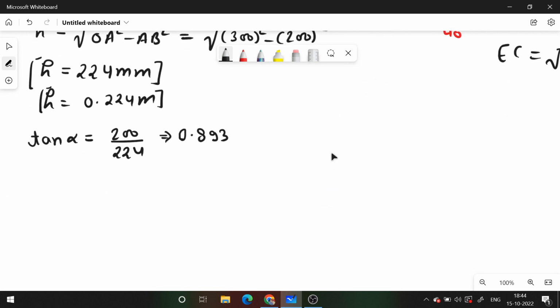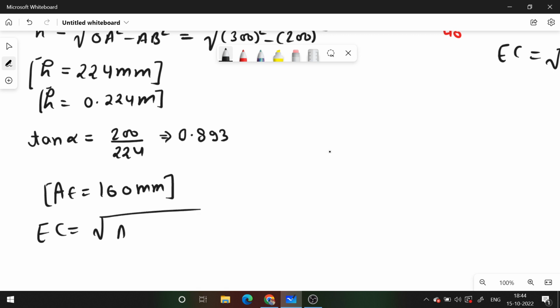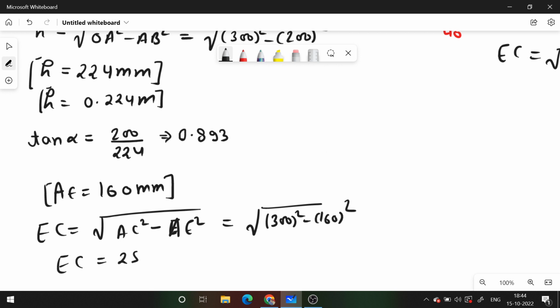Now AE will be equal to 160 mm and EC will be equal to the under root AC square minus AE square. Here AC will be 300, AE is 160. So from here EC will be 254 mm.